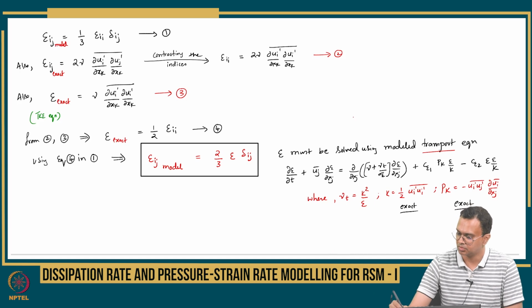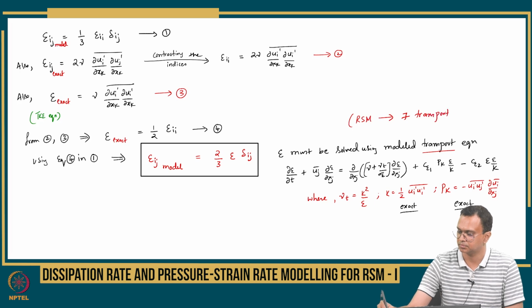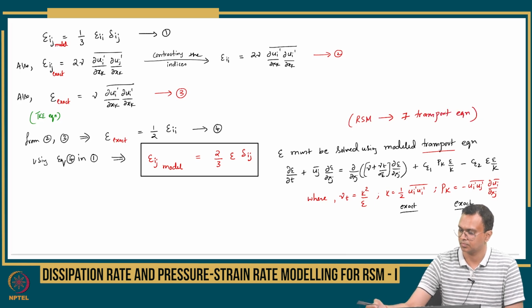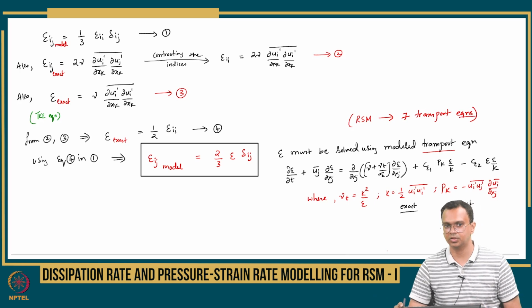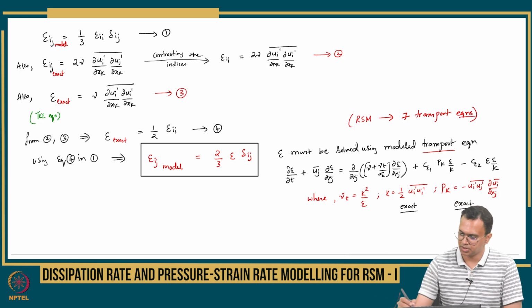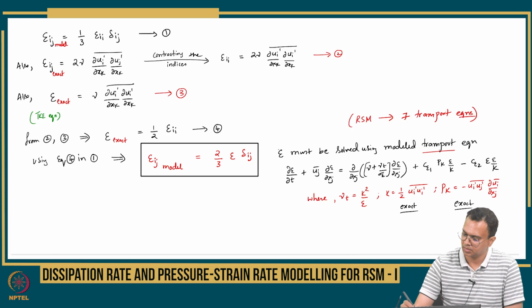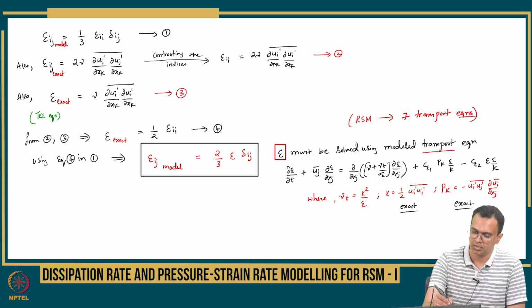Okay, so you can say this RSM will totally have 7 transport equations: six Reynolds stresses and 1 dissipation rate of turbulence kinetic energy.